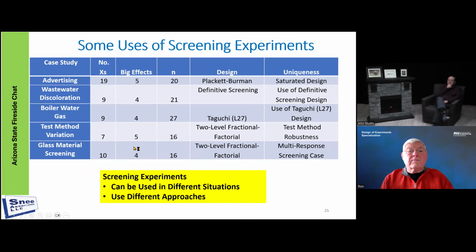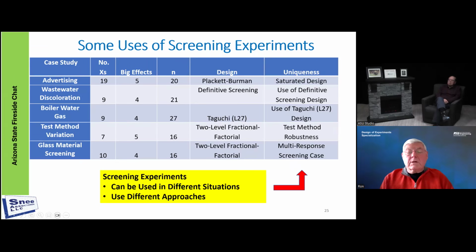The big effects, 4 to 5. The number of runs in the screening was 16 to 27. The different designs that were used: Plackett-Burman, definitive screening, Taguchi, two-level factorial. And then the uniqueness of these particular examples: saturated design, use of definitive screening, Taguchi, test method robustness, I'll talk some more about that one, and modal response.